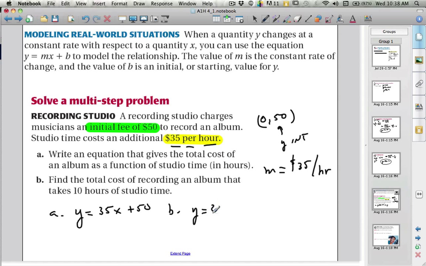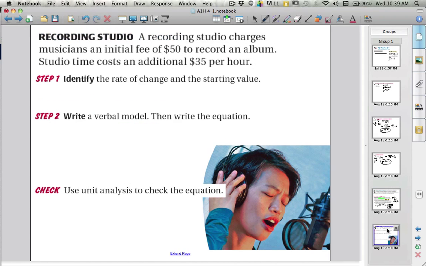So y would be equal to 35 times 10 plus 50. Well, 35 times 10 is 350 plus 50. So y would be equal to $400. So to spend 10 hours of studio time, $400. Pretty cheap studio time, actually.